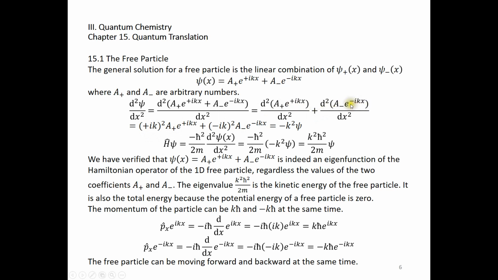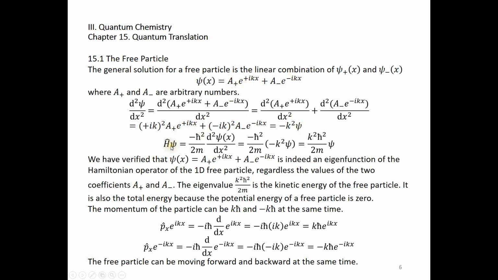Over here, same, negative ik and negative ik, so two times. Positive ik squared is negative k squared. Negative ik squared is also negative k squared. So overall, we have just negative k squared times psi. Psi is the linear combination of these two.